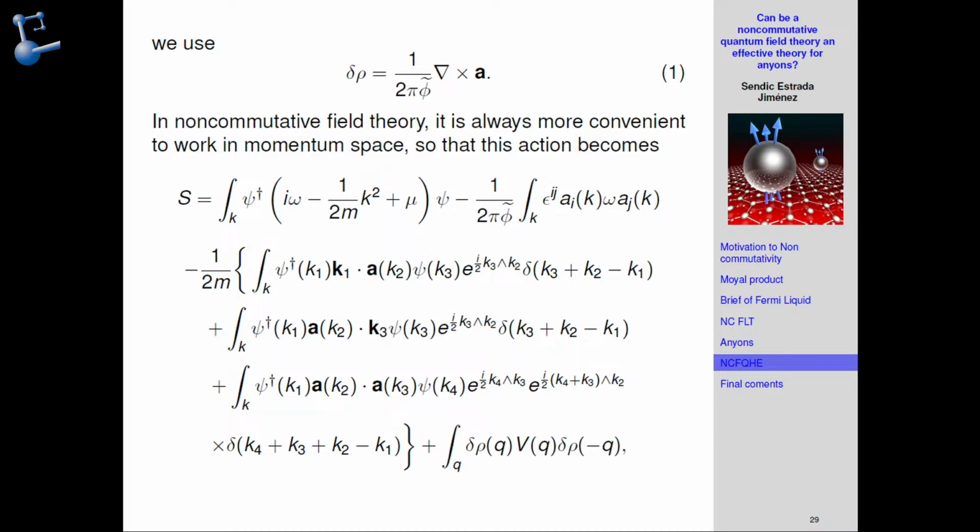We use the constraint for the Chern-Simons field, and the non-commutative field is in momentum space, working in momentum space. This action can be written in this form that is very large.